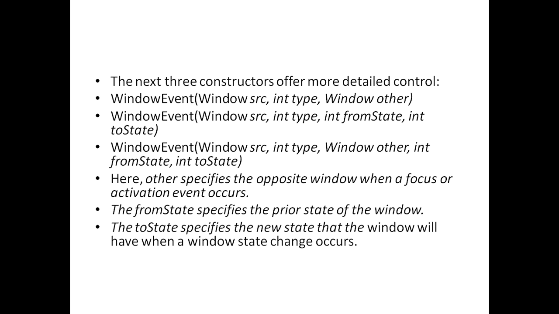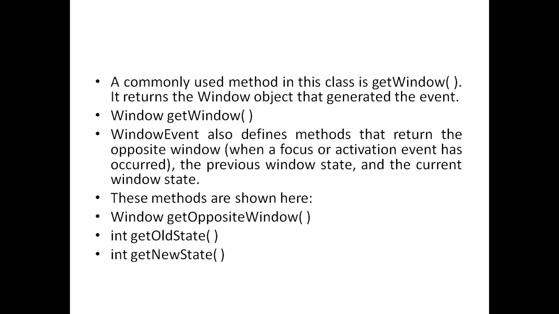The other specifies the opposite window when a focus or an activation event occurs. FromState specifies the prior state of the window. ToState specifies the new state that the window will have when a window state change occurs.